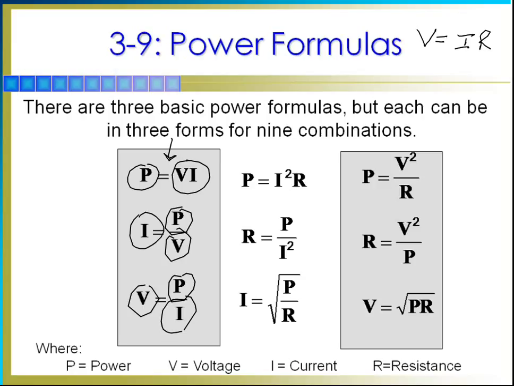Substituting for voltage, we now recall that power equals current squared times resistance, or resistance equals power over current squared, or current equals the square root of power over resistance.